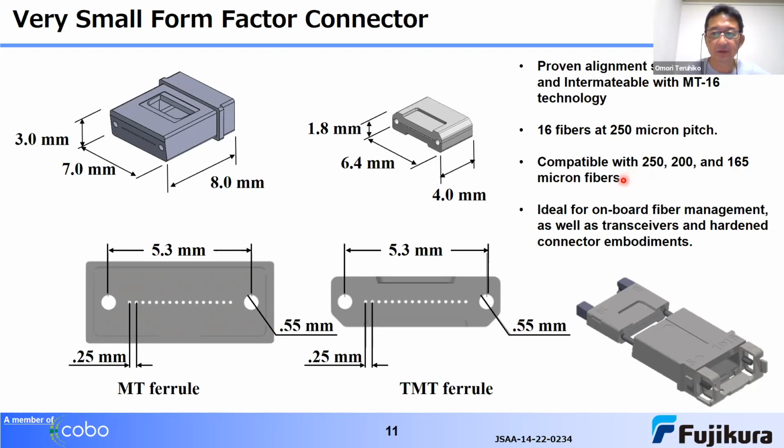And this will support backward compatibility and forward compatibility of the cabling solution. And this TMT ferrule is ideal for onboard fiber management as well as transceivers and hardened connector embodiments.